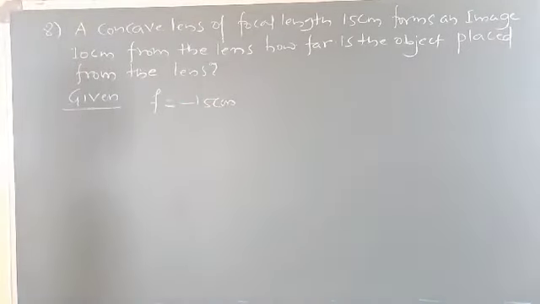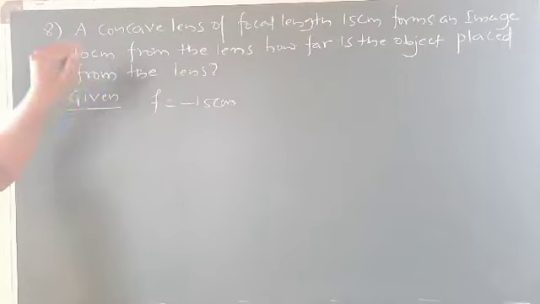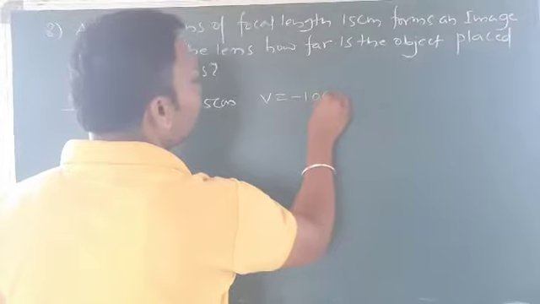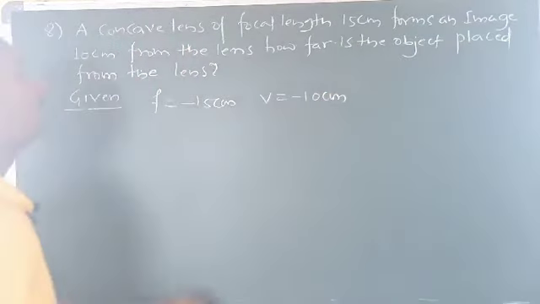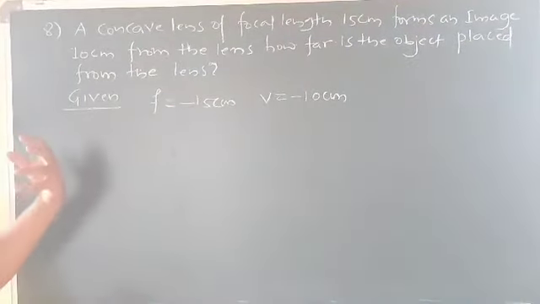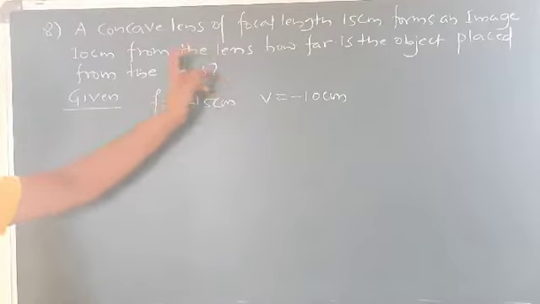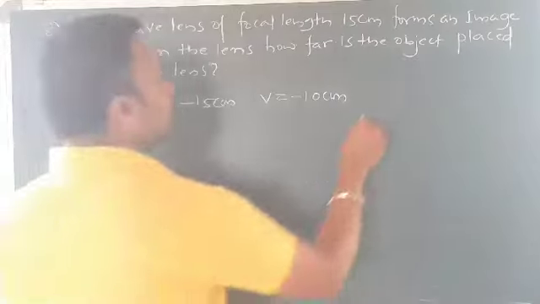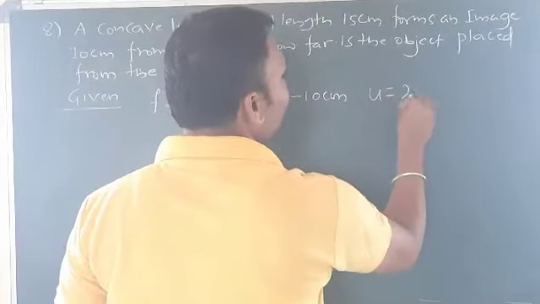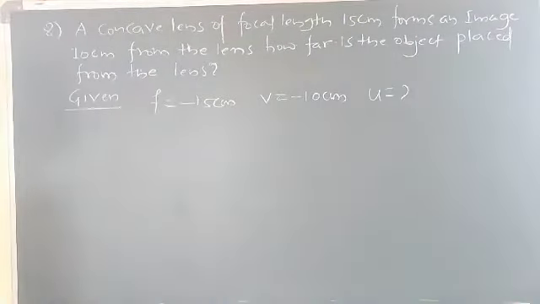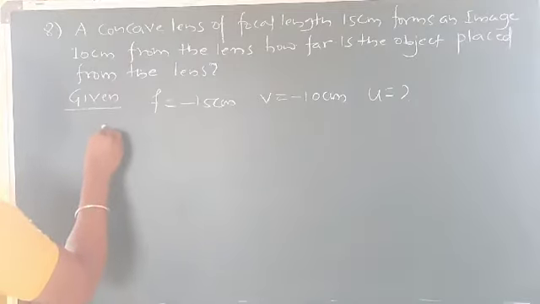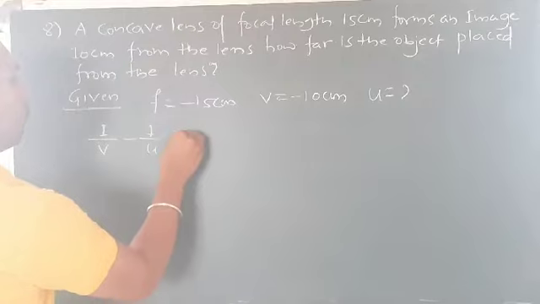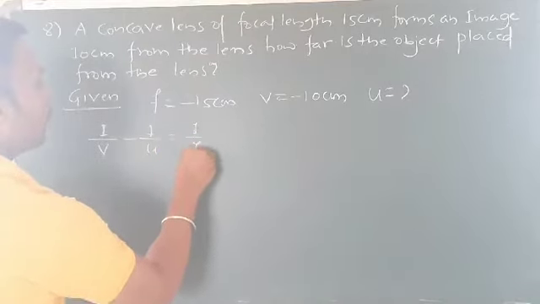Now the image is formed 10 centimeter from the lens. We know the image will be on the same side as the object, so v is minus 10 centimeter. How far is the object placed? So u we need to calculate. The lens formula is 1 by v minus 1 by u is equal to 1 by f.